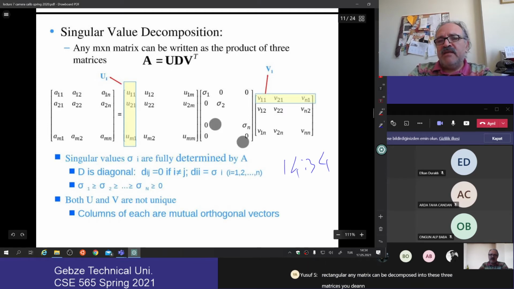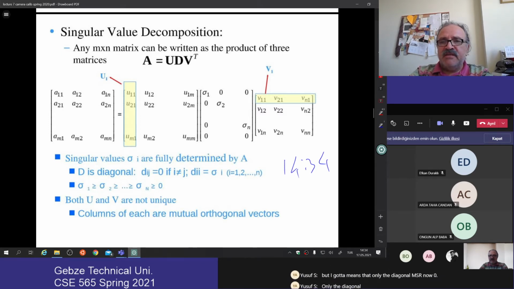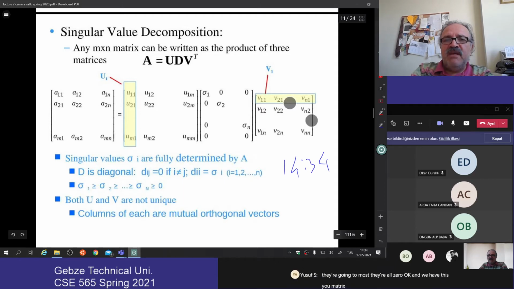D is a diagonal matrix like that. Diagonal means that only the diagonal elements are non-zero. Other than the diagonal elements, they are all zero. And we have this U matrix, and we have this V matrix.